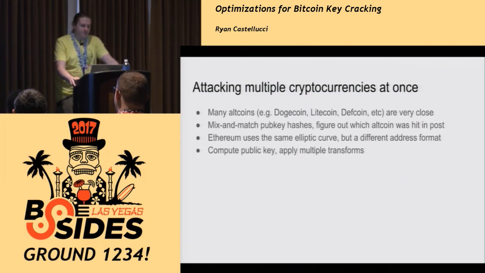You can reuse the public key computations, but if you wanted to do, say, brain wallets on Ethereum, nobody really used SHA-256. They used Keccak instead. So the public keys you calculate aren't going to be helpful. But if you wanted to, say, search for keys matching a bad random number generator, you could do that. If you wanted to incrementally search for all the keys starting with 1, you could do that too.